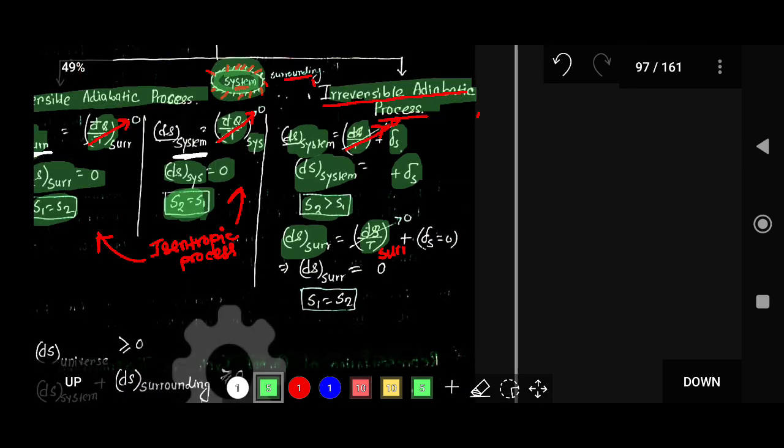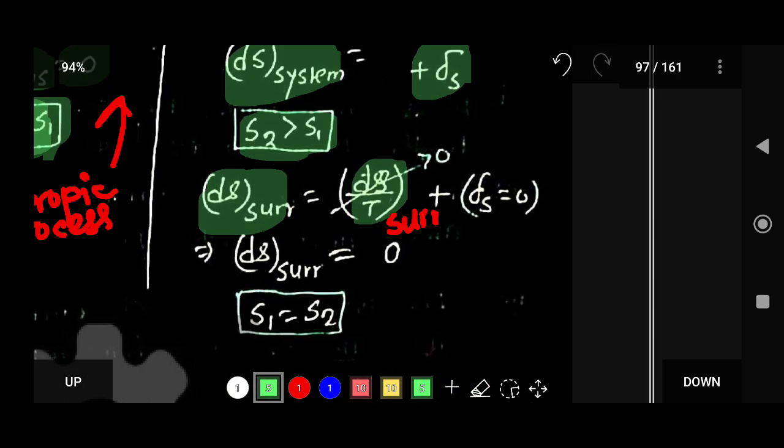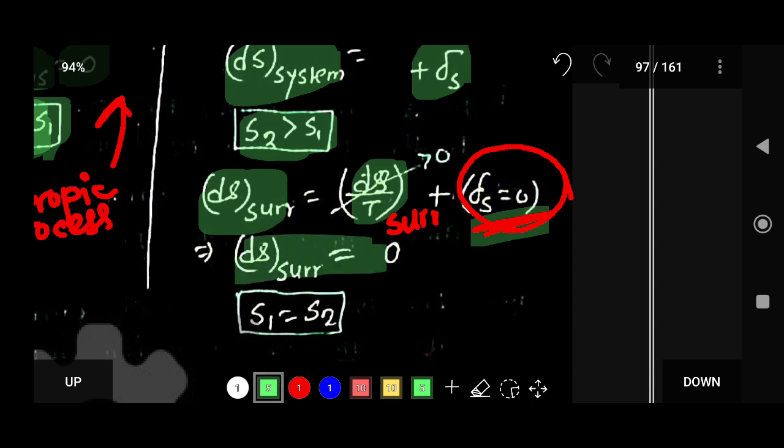Now, for the surrounding in an irreversible adiabatic process, we consider delta S equal to 0. So if it is 0, then dS surrounding is equal to 0.